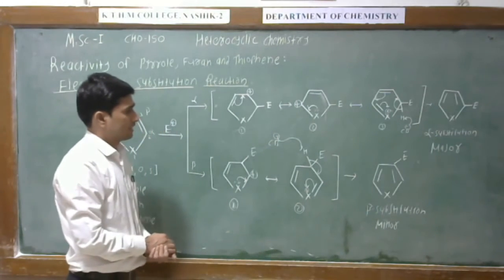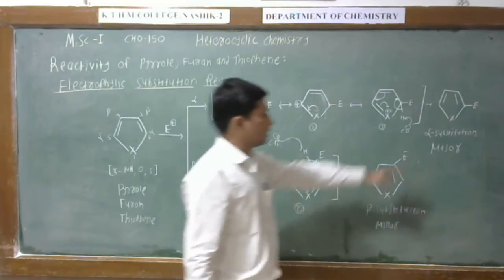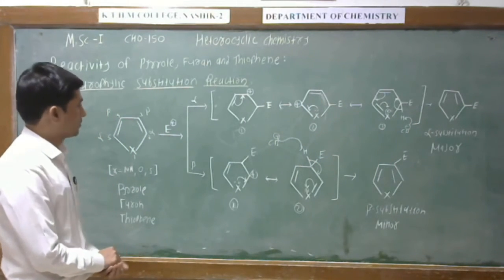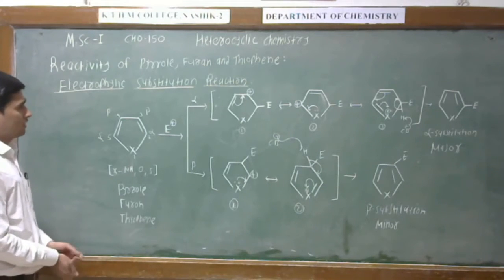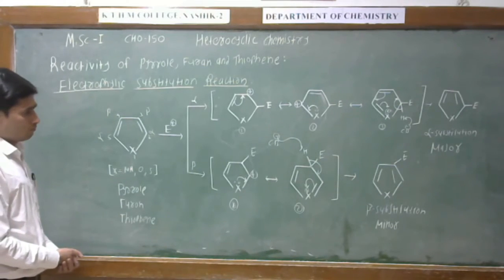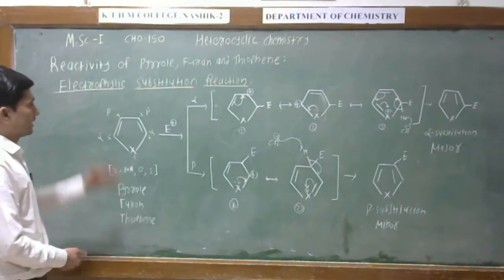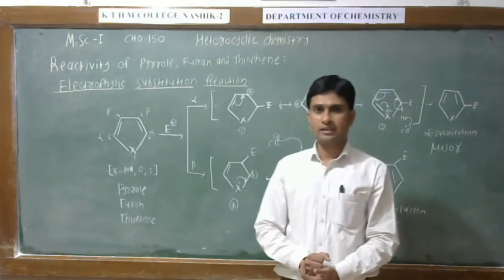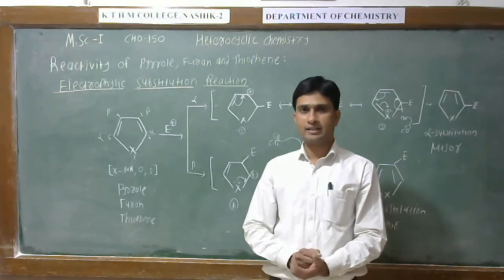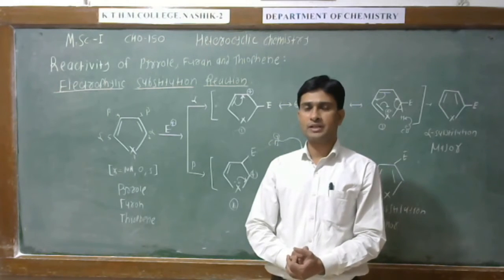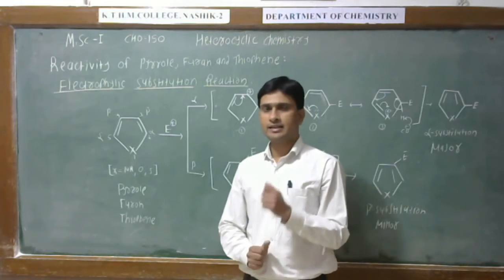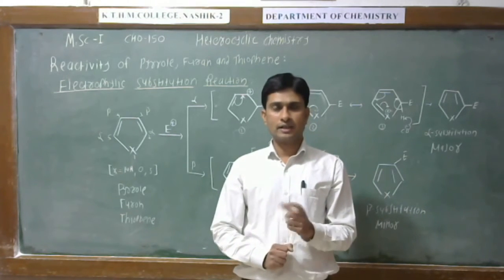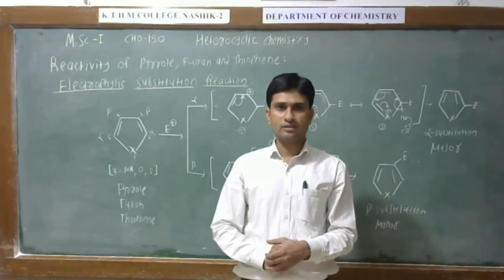So generally there is formation of alpha substitution in this type of compound. When electrophilic substitution takes place, that is halogenation, nitration, acylation, alkylation, formylation, this type of reaction, then at that time alpha substitution takes place more than beta substitution.